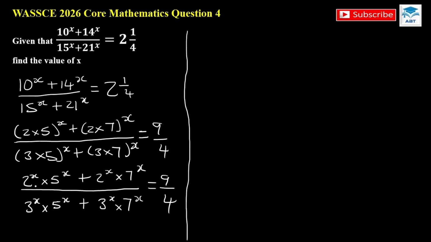We can factorize 2^x at the numerator since it's common here. So we have 2^x. When we factorize 2^x, we will get 5^x + 7^x. At the denominator, 3^x is common.